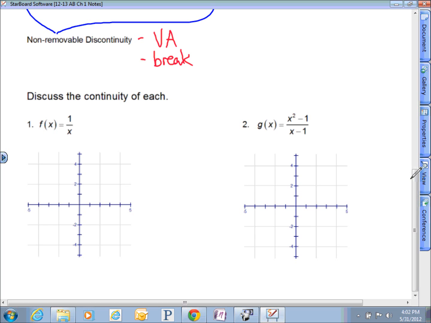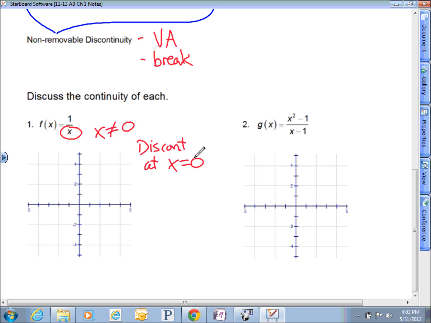I think what you're going to notice first is that x can't be equal to 0. Well, if x can't be equal to 0, then that function's definitely not continuous because I can't plug 0 in and get a value. So this thing would be discontinuous at x equals 0.